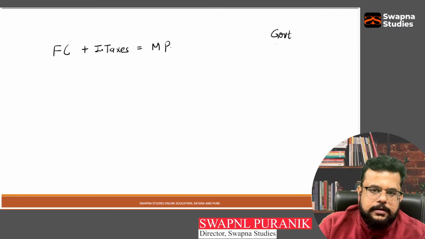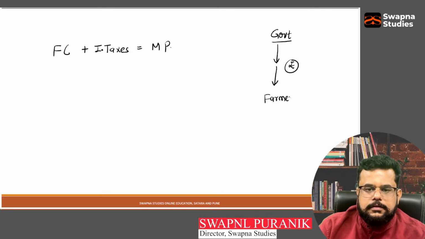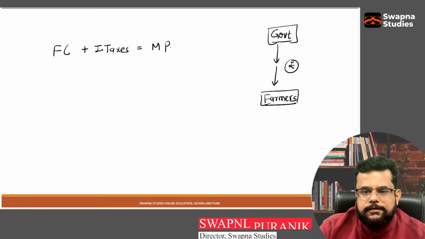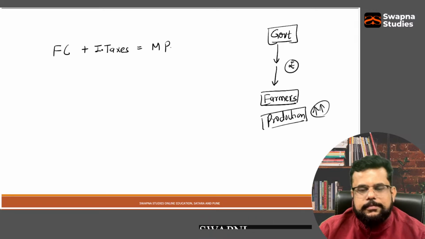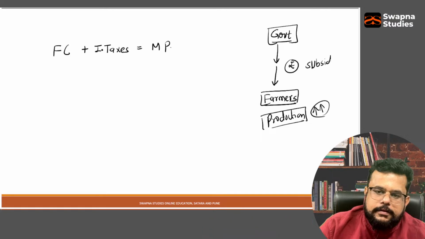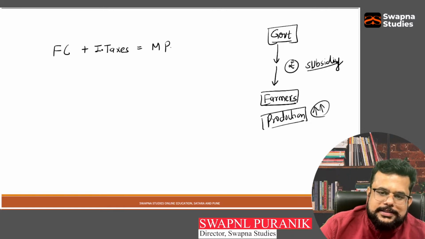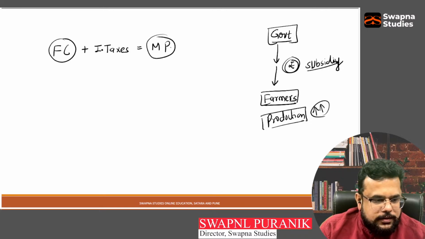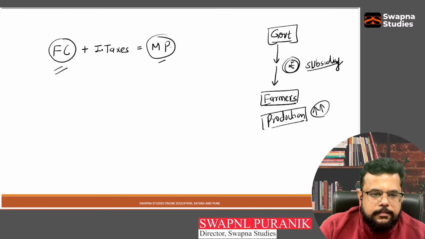For example, farmers. If the government wants farmers to increase their production, it has to incentivize production, so the government will give a subsidy. This financial help is called subsidy. Now tell me, if the government gives this subsidy, what would be the relation between factor cost, market price and subsidy?